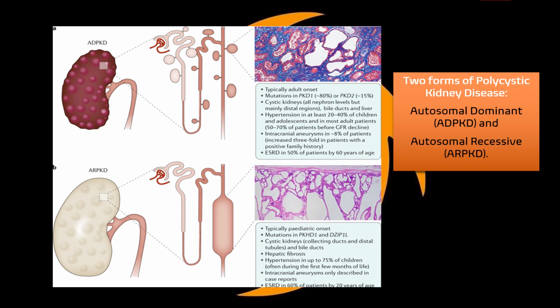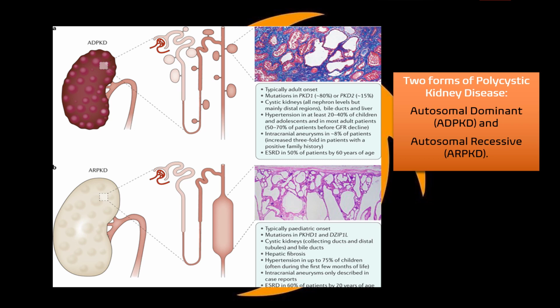Autosomal recessive polycystic kidney disease is typically evident from a pediatric onset, and the mutations exist around the PKHD1 gene and the DZIP1L gene as well.